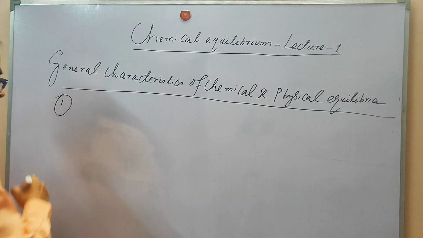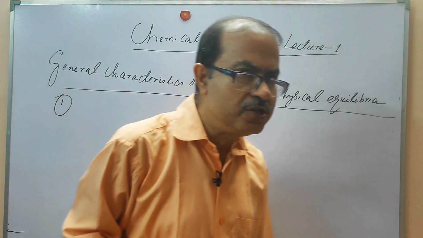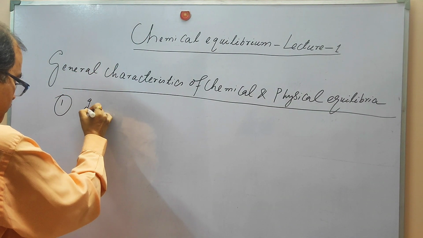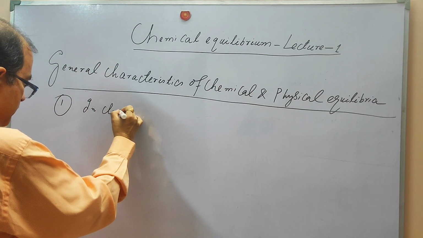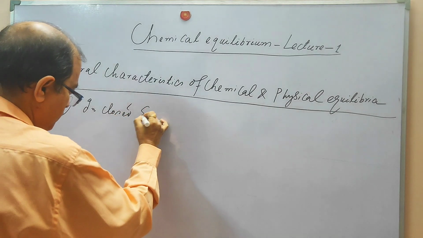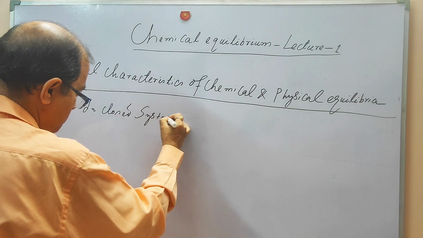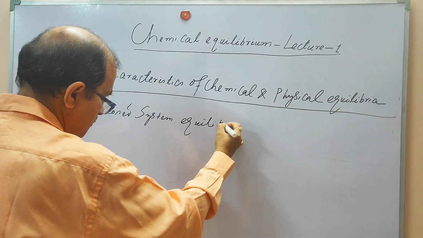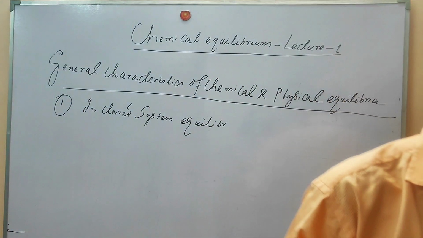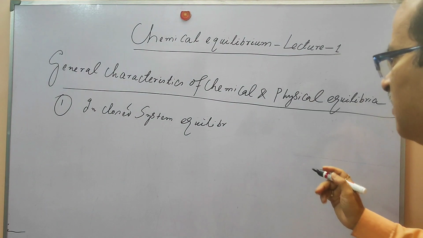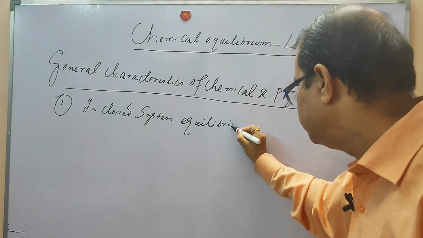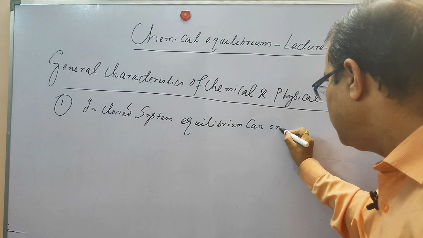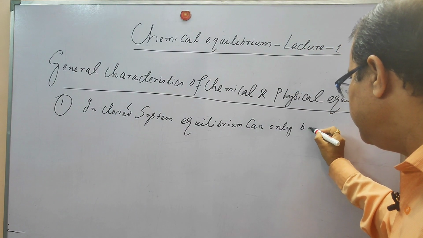Number one, equilibrium can only be achieved when the system is closed. In a closed system, equilibrium can only be achieved.